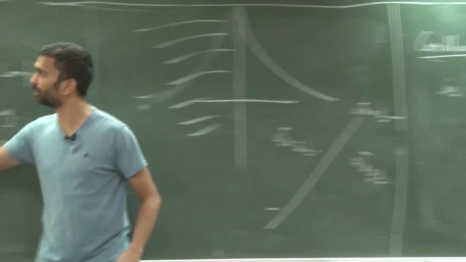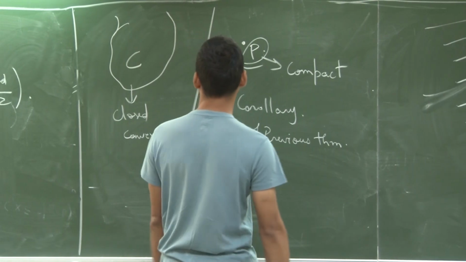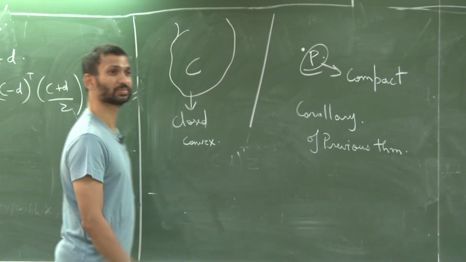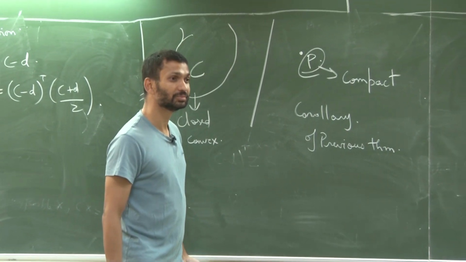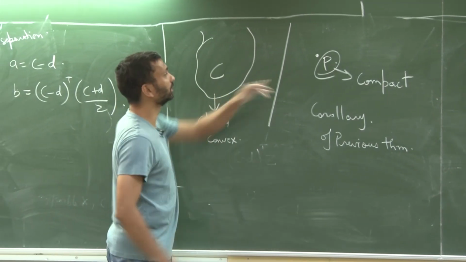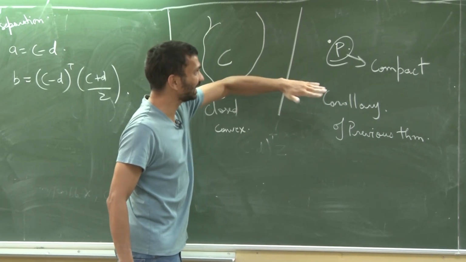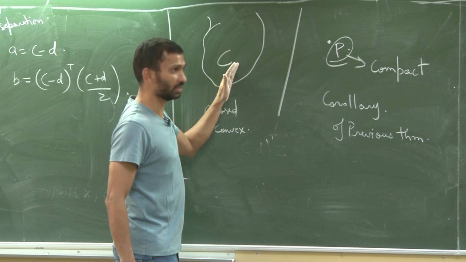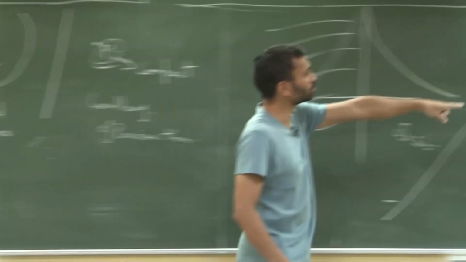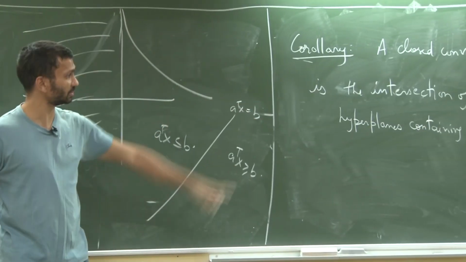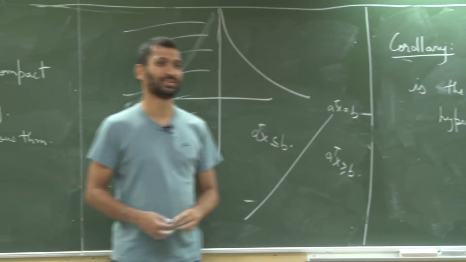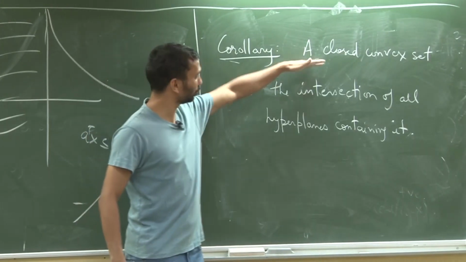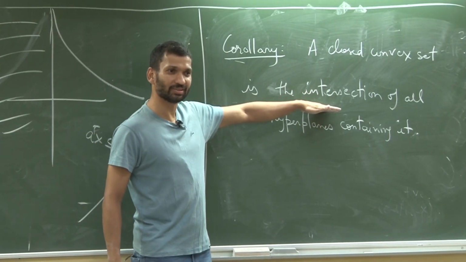Why does it follow from this theorem? So, there was this theorem that you can always strictly separate a point and a closed convex set. So, how can you say that a closed convex set is the intersection of all hyperplanes containing it? Clearly the closed convex set will be contained in the intersection.